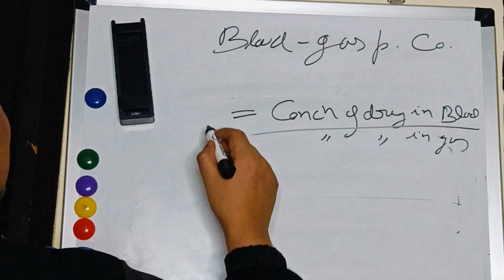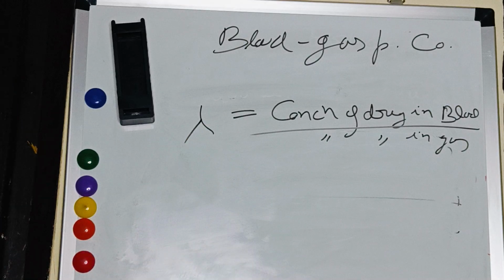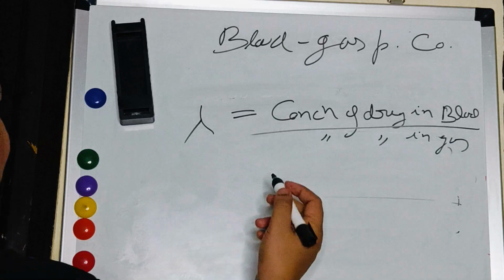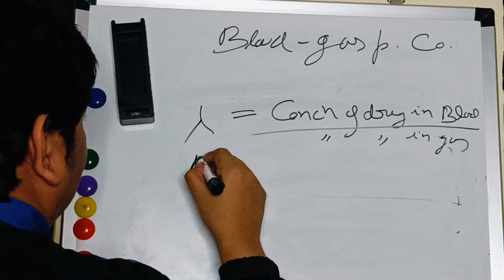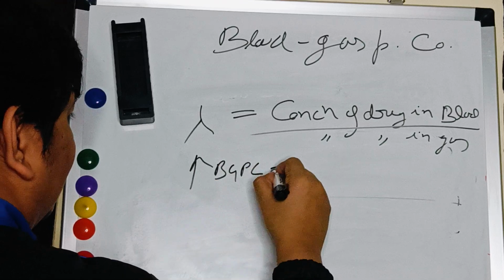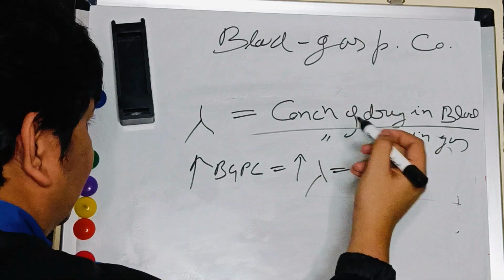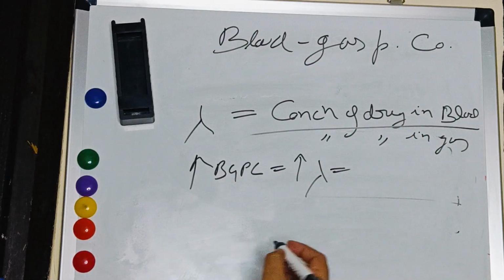The symbol is lambda. High lambda means high solubility in blood. If the blood gas partition coefficient is high, it means high lambda, it means the drug is highly soluble in blood.